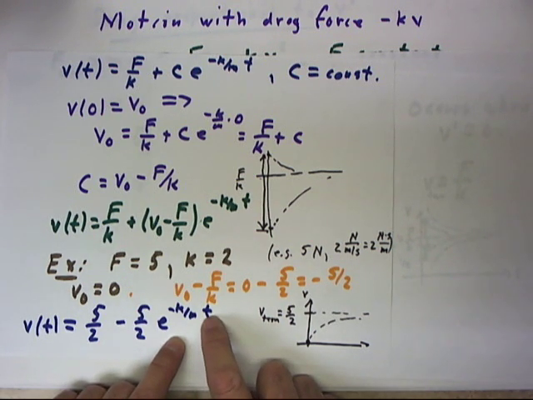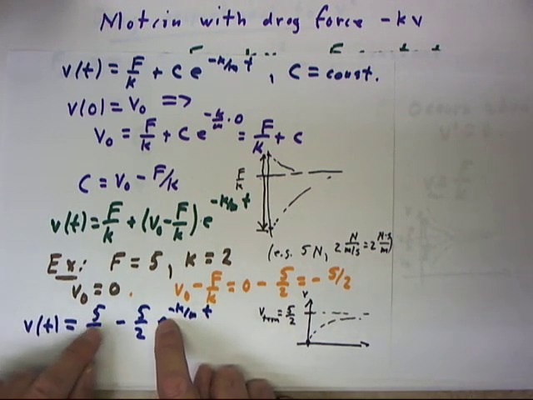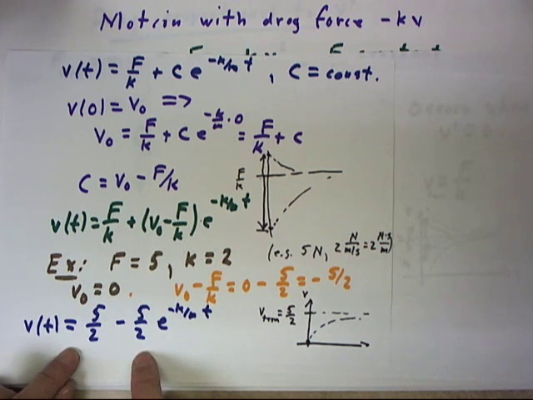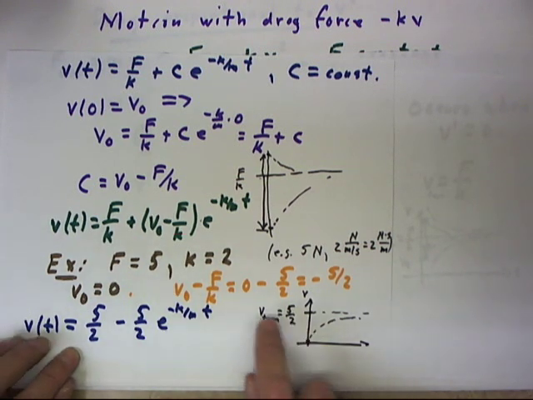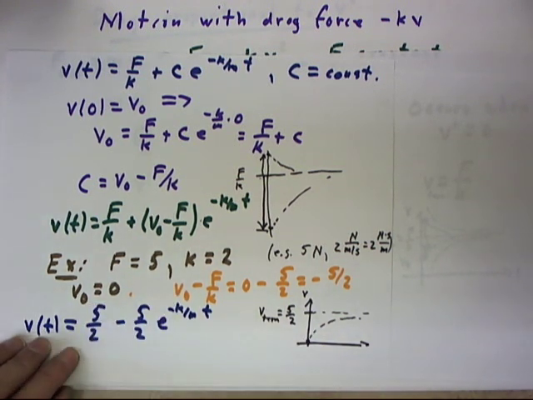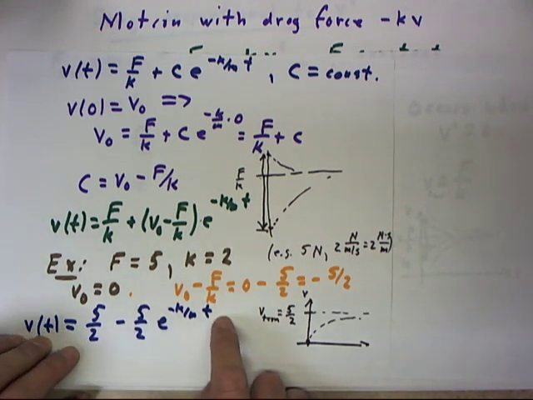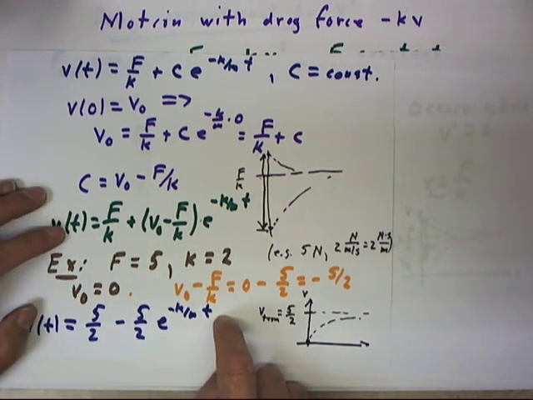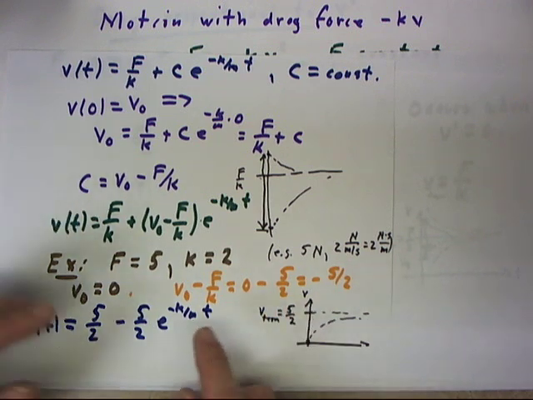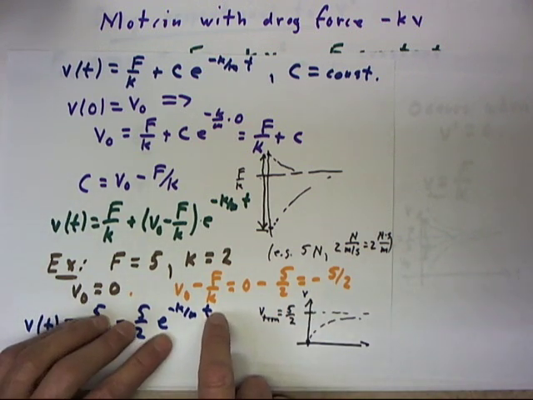Now, when t equals 0, this exponential function is 1, and our velocity is 5 halves minus 5 halves, which is 0, in accordance with our original assumption that v naught equals 0. As t approaches infinity, e to the negative k over m t approaches 0, so that our negative 5 halves, e to the negative k over m t, approaches, did I say e to the negative k over m t approaches 0?